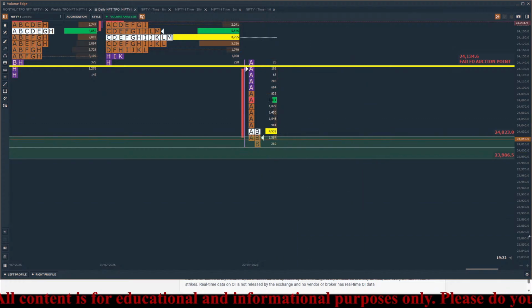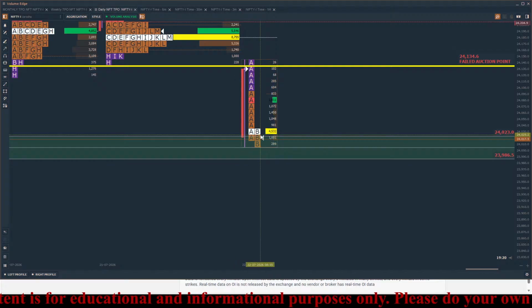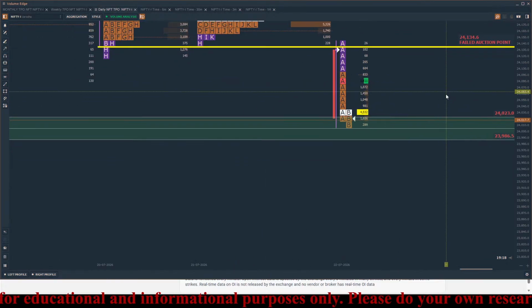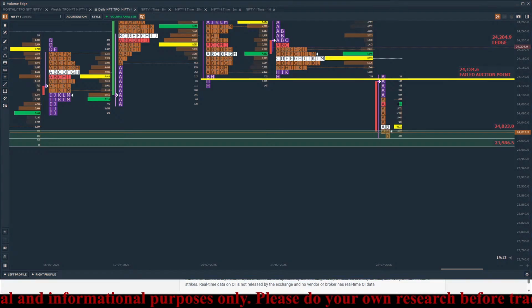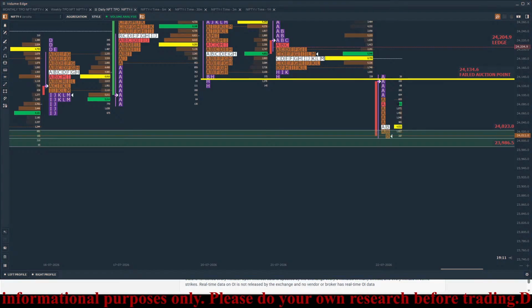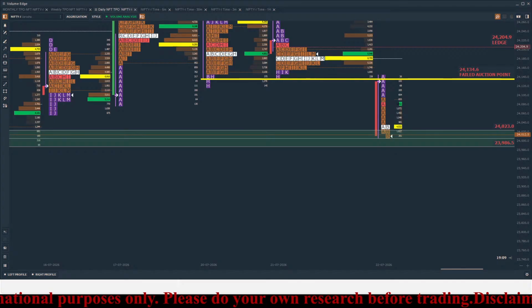Still we have 20 minutes. So 20 minutes means the market can go to any side. So what's the direction? We can see multi-OA strike, 24,000.